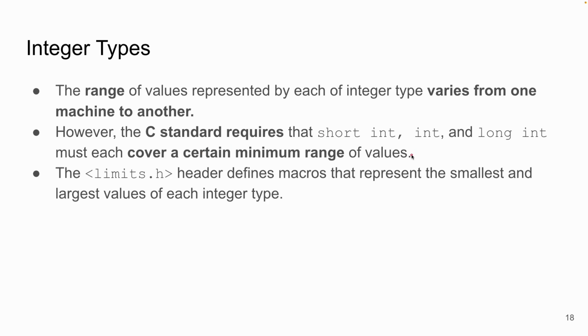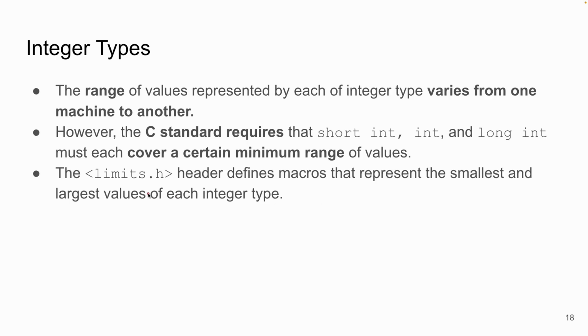But again, we don't need to remember the minimum range ourselves, because you can always go online to check it out. Also, in the library called limits, we define the information of the minimum range of different types of integers.